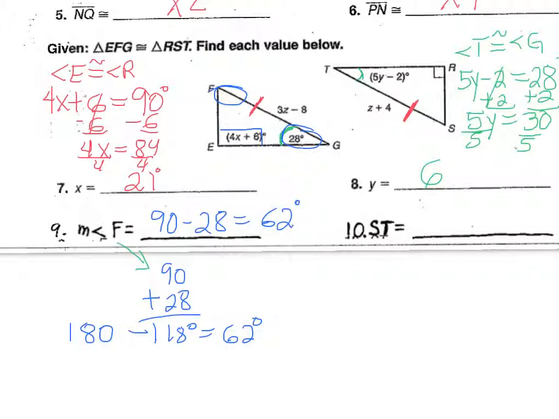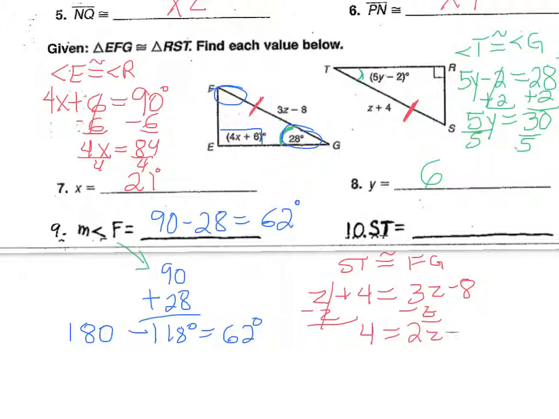It's supposed to be ST is congruent to FG. So I use what ST is, which is z plus 4. And if they're congruent, then by the definition, they're equal. So it's 3z minus 8. So what is z equal to when you find z?